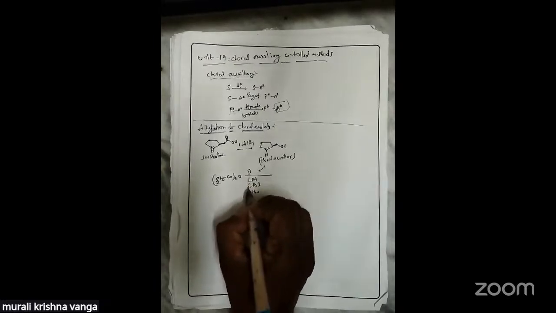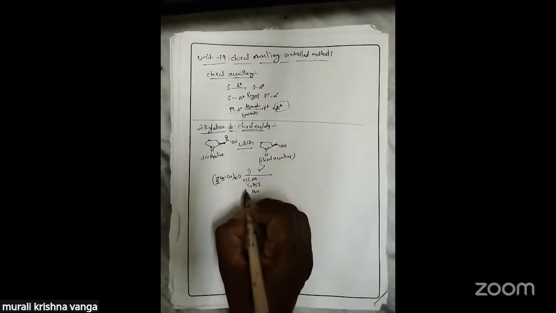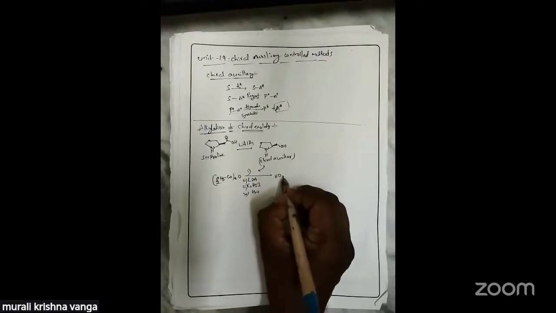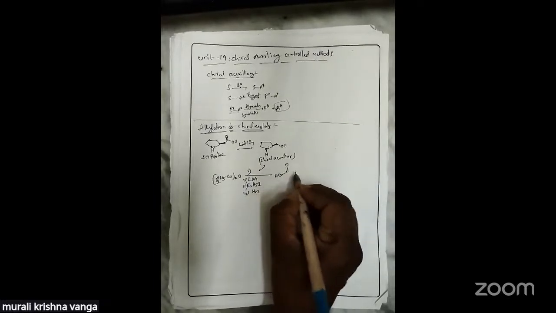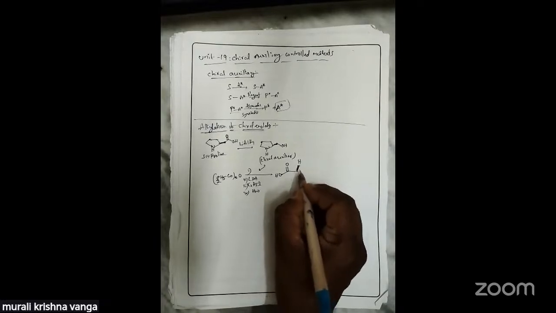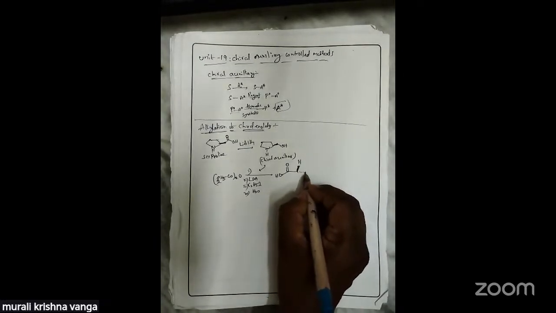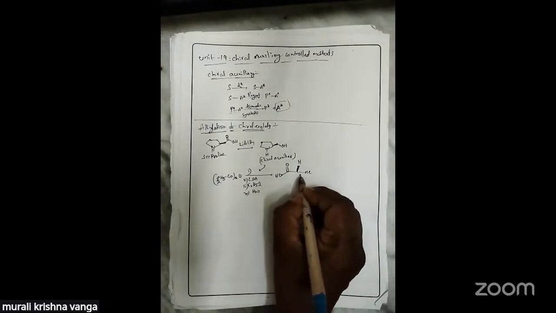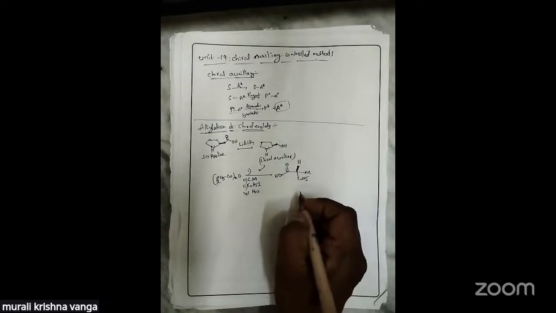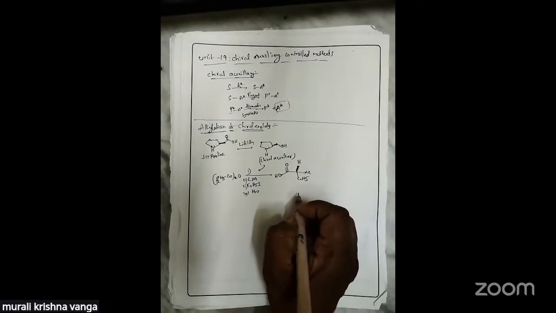First one is the chiral auxiliary, second one is reacting with base, third one is the alkylating agent, fourth one is hydrolysis, then gives R-2-methyl butanoic acid.